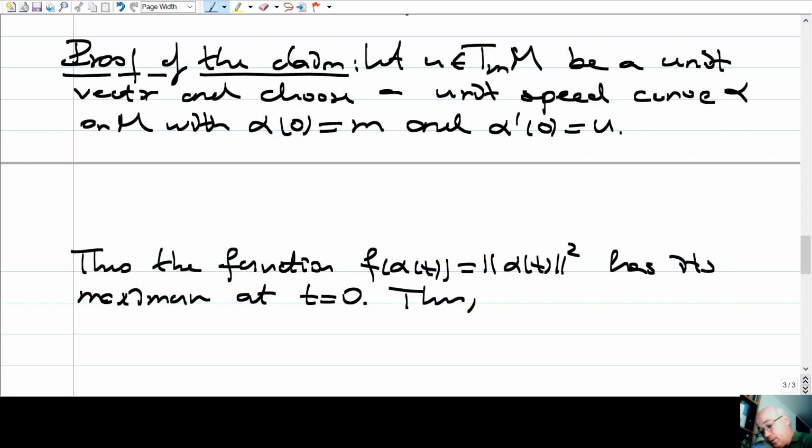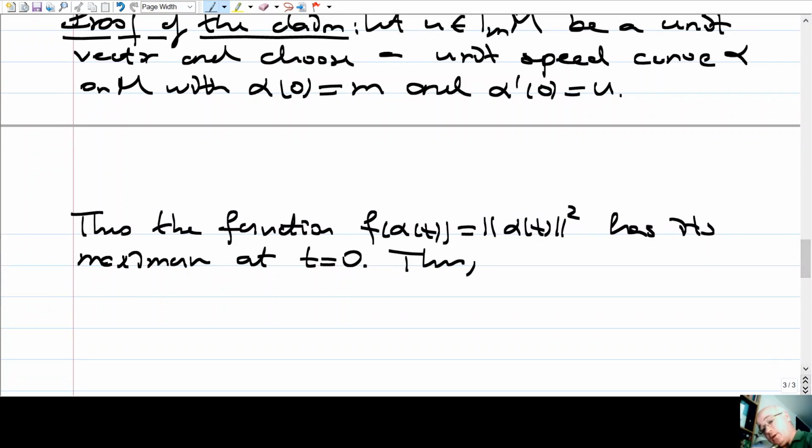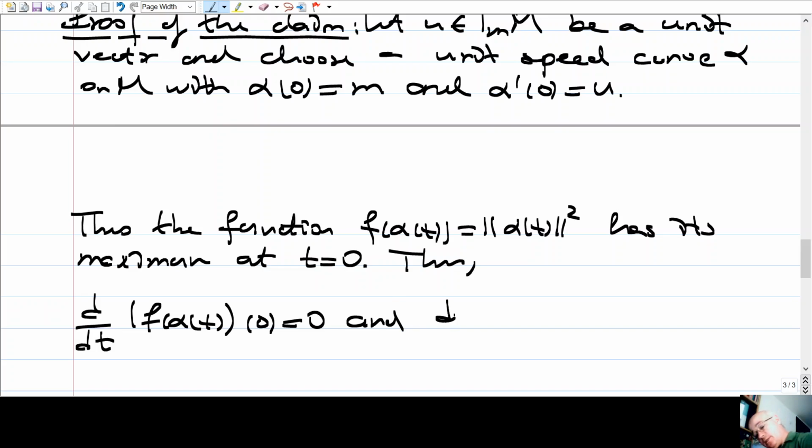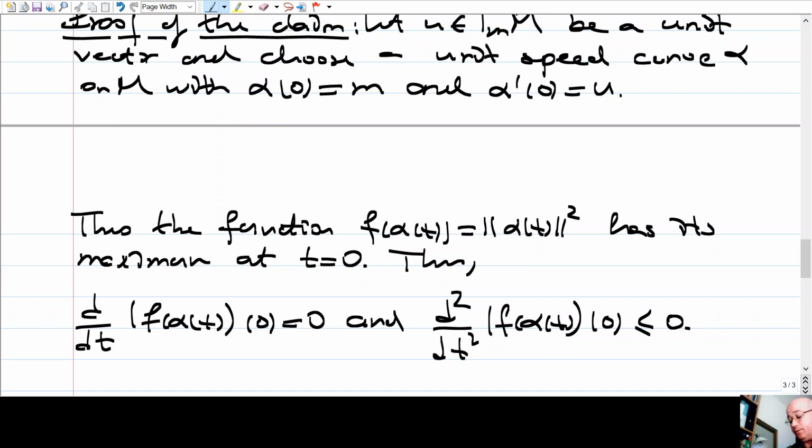Thus, from first year calculus, we know that in this case, the first derivative of this function at 0 is 0, and the second derivative, since this is a maximum of this function at 0, is non-positive.